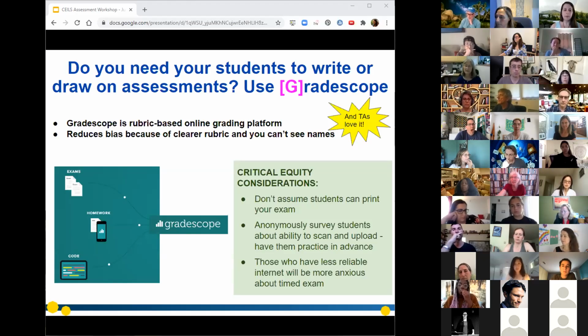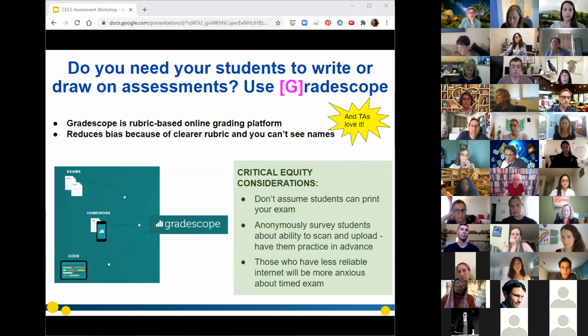So it's a rubric-based online grading platform, and it also allows students to, if it's something they have to draw or have to write out an equation, take a picture of that and upload it, and you could still annotate it the way that you would another doc. So one of the things that's great about it is TAs really enjoy it, the ones that I've talked to, because it does make grading very transparent.